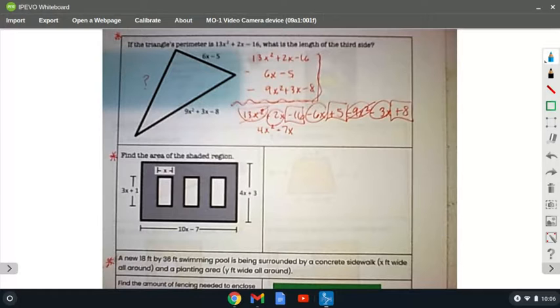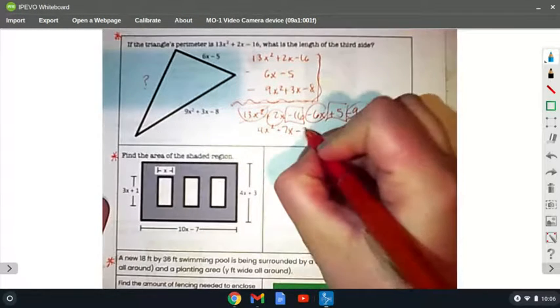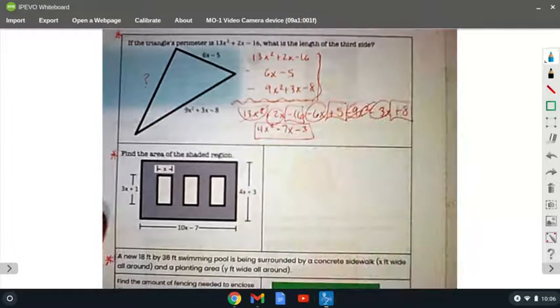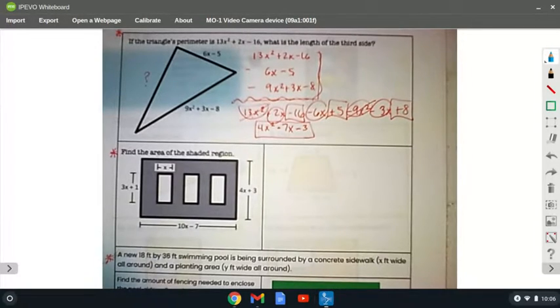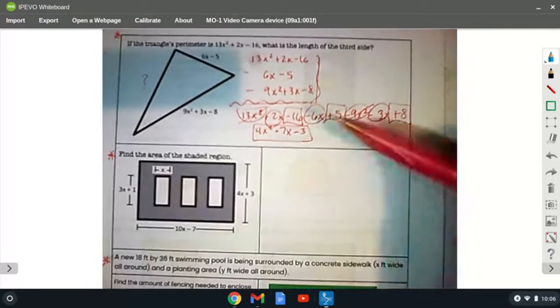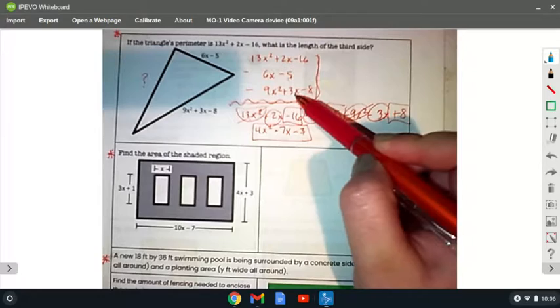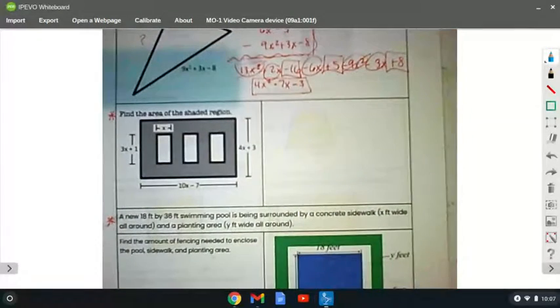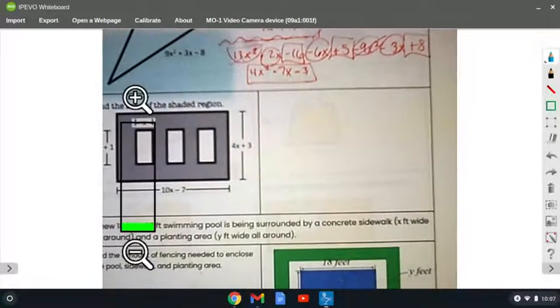That's going to give me negative 11 plus 8 is going to give me negative 3. Okay, so that would be my final answer for the third side. If I wanted to check my answer, I could take this one, add it with these 2, and see if I get this.